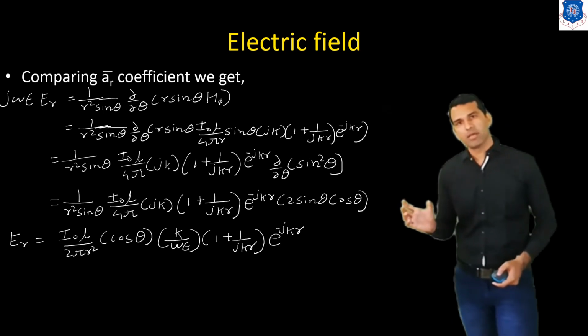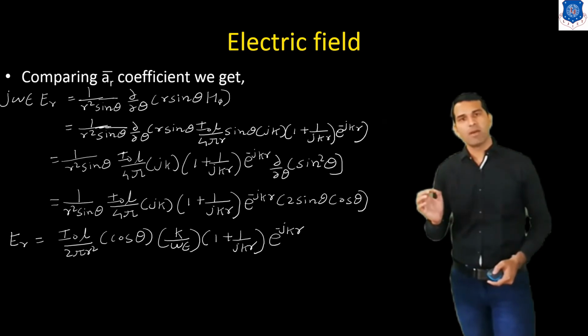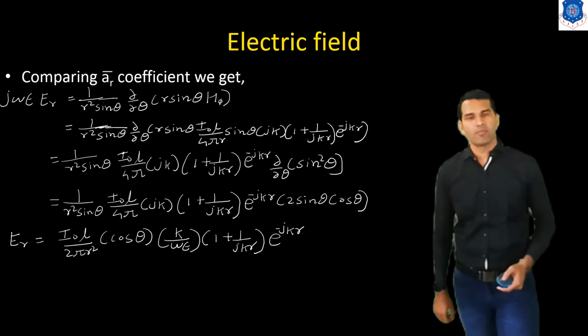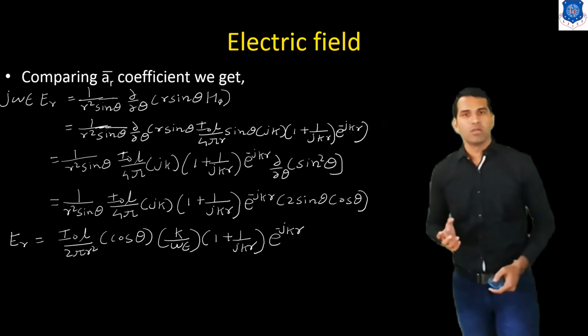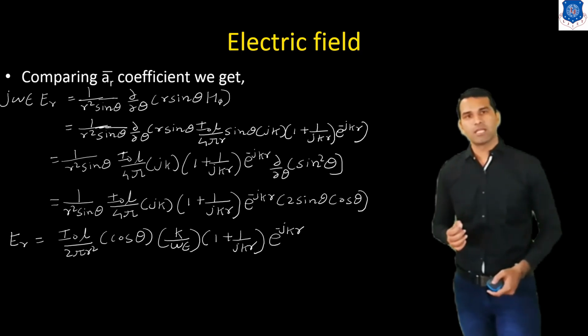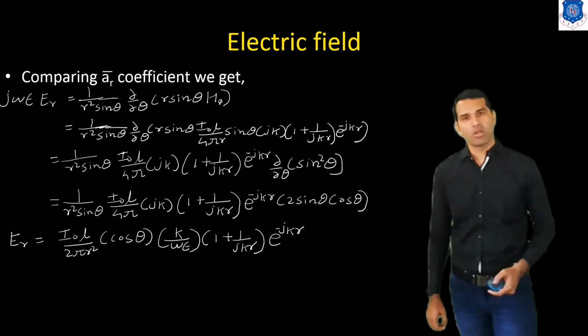Now we solve this equation. The common terms are taken out, and in the derivation we have del by del theta of sin squared theta. We know how to solve this derivation: the derivative of sin squared theta is 2 sin theta into cos theta.